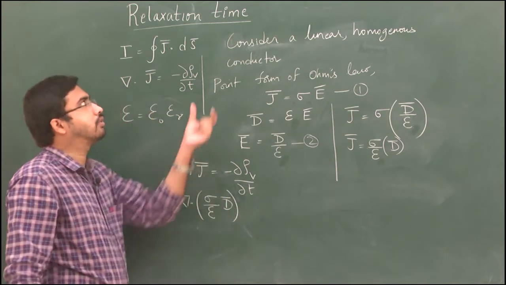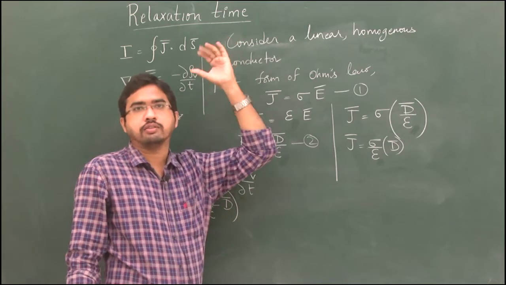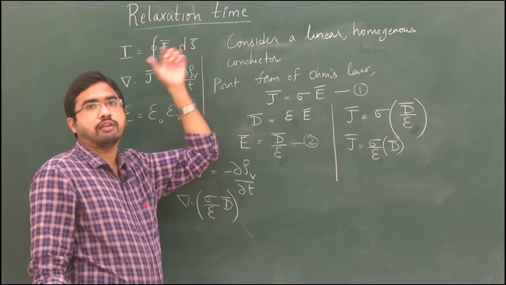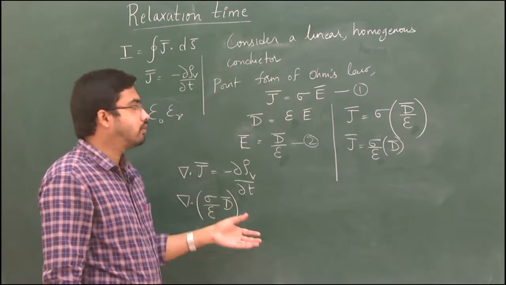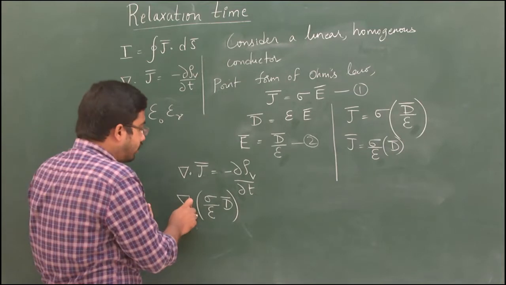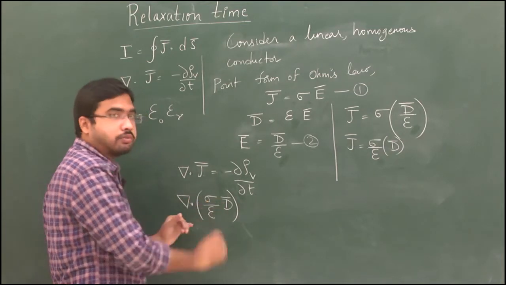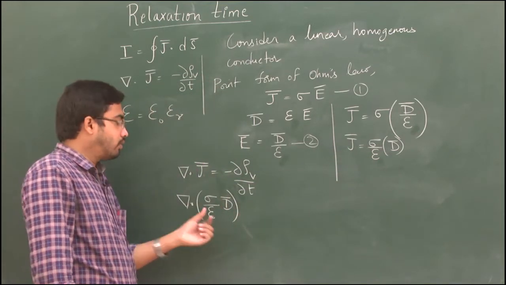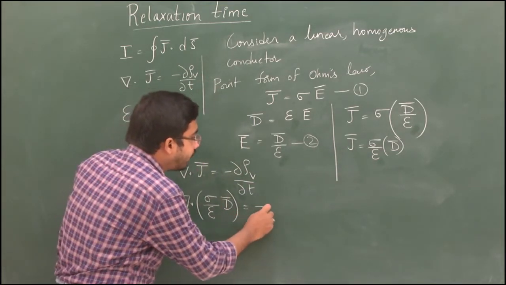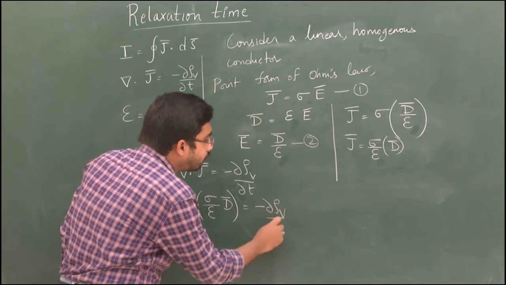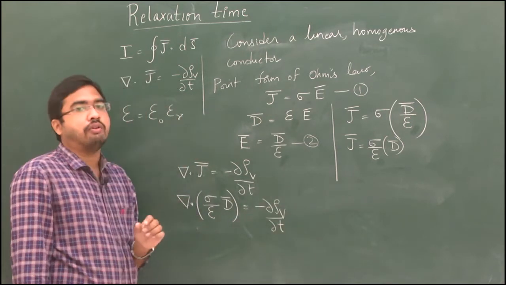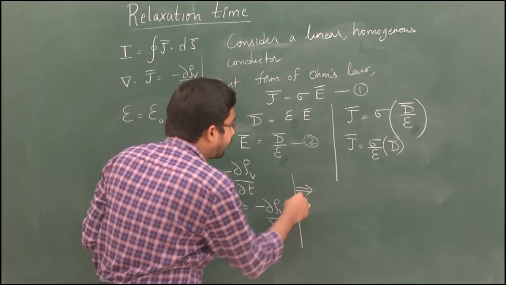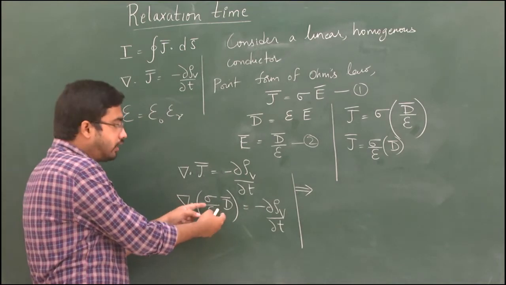This question is very important, because in your last year EMF paper they gave this question directly: derive the relaxation time for a conductor. So please concentrate on this. Del dot sigma by epsilon D bar, because in the place of J bar I am substituting this value, is equal to minus dou rho v by dou t. Now how can we improve this equation further? Bring the constant outside.